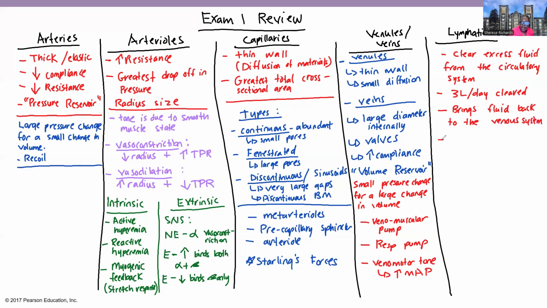And then some of the features that we find in our lymphatics as well is that there are valves in order to keep the flow in one direction. We have the thoracic duct as well. That's one of our major lymphatic structures. We kind of talked about this in lab yesterday as well. Major lymphatic structure draining most of the left side of the body and then all of your lower extremities, all of your abdomen and pelvis.